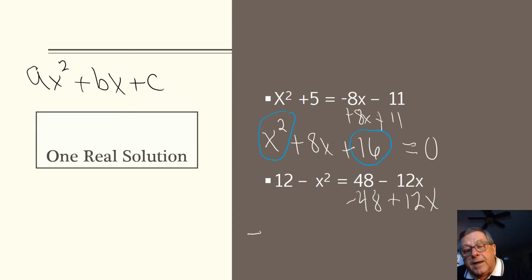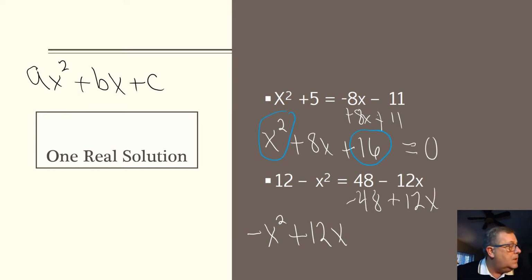We're going to get negative x squared plus 12x, and subtracting 48 from both sides, negative 48 plus 12 is going to give me negative 36.